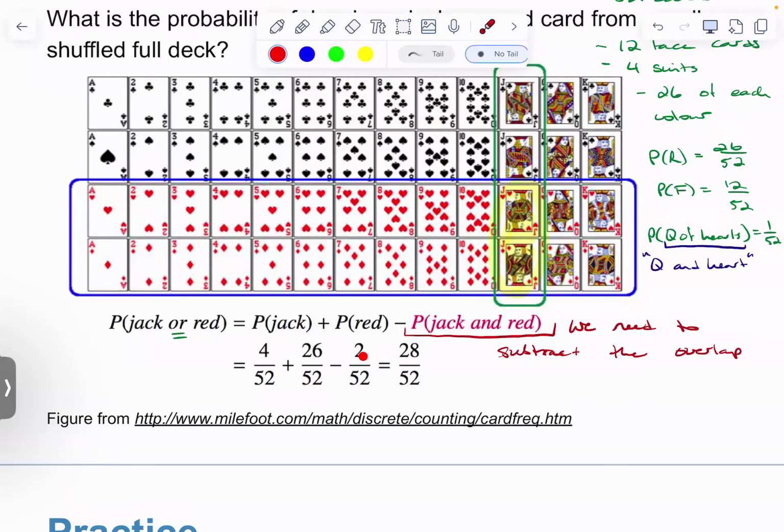So we subtract those 2, which have been counted twice, and then we get that the probability of a jack or a red is 28 over 52. Nice.